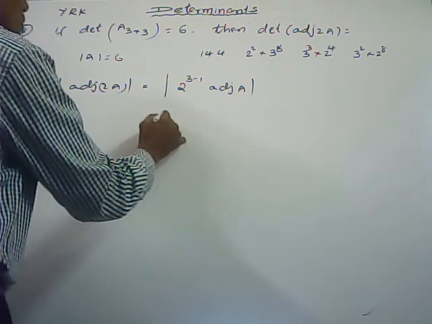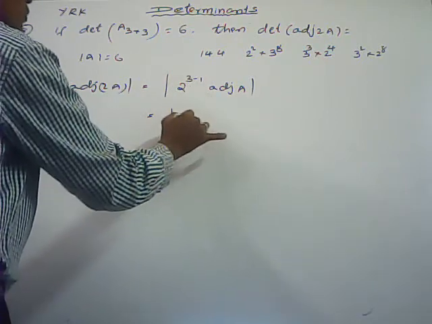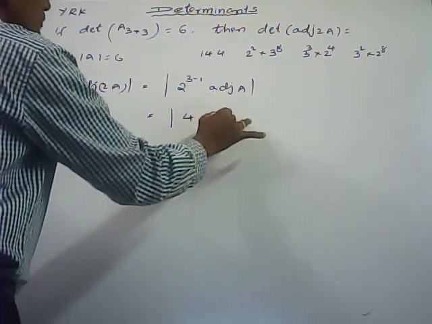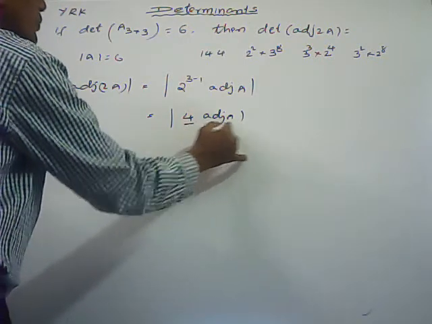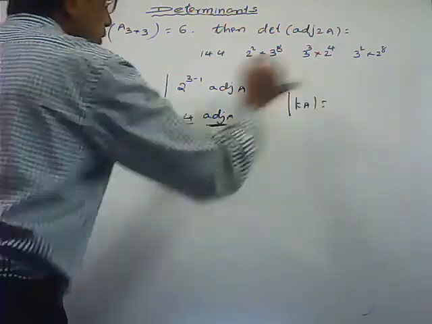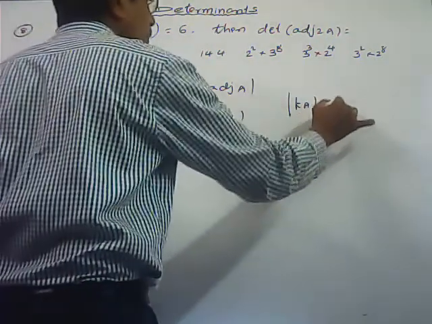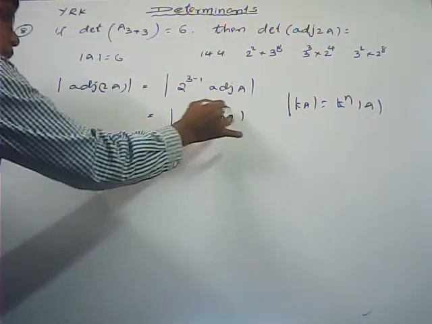That is equal to, this is 3 minus 1, 2 square, that is 4, 4 into adjoint of A. And this is in the form of det of K into A. Det of K into A, this is also I told you, K power n into det A. So here we can write, this one you can consider A only.